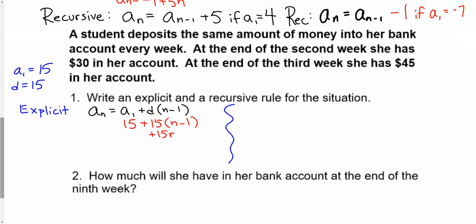It gives me 15n minus 15. Minus 15 cancels. It's just 15n. A sub n. Now, in an explicit rule, you don't have to define the first term because you can always find it just by plugging in n equals 1. So there's our answer to that one.